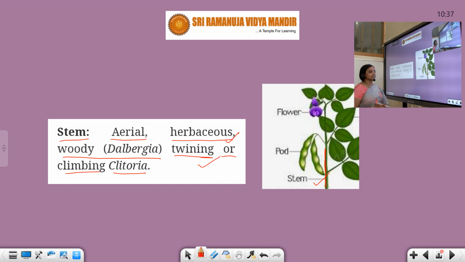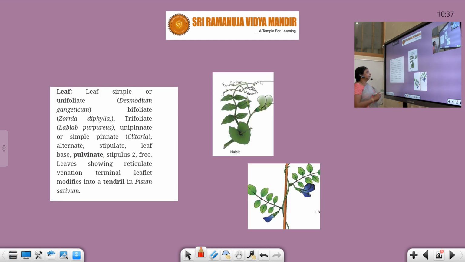Now let's see the leaf after the stem. So how do the leaves look? Leaf is simple, and what is the meaning here? What do you mean when I say simple type of leaf?